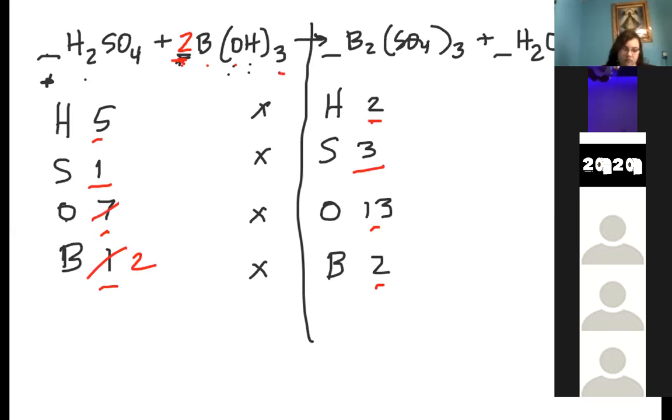So I have 6, but remember I still had those 4 right there, so I actually have 10 right now. And then going back to my subscript, 2 times the 1 times the 3 gives me 6 H's. I still have those 2 right there, which means I now have 8.